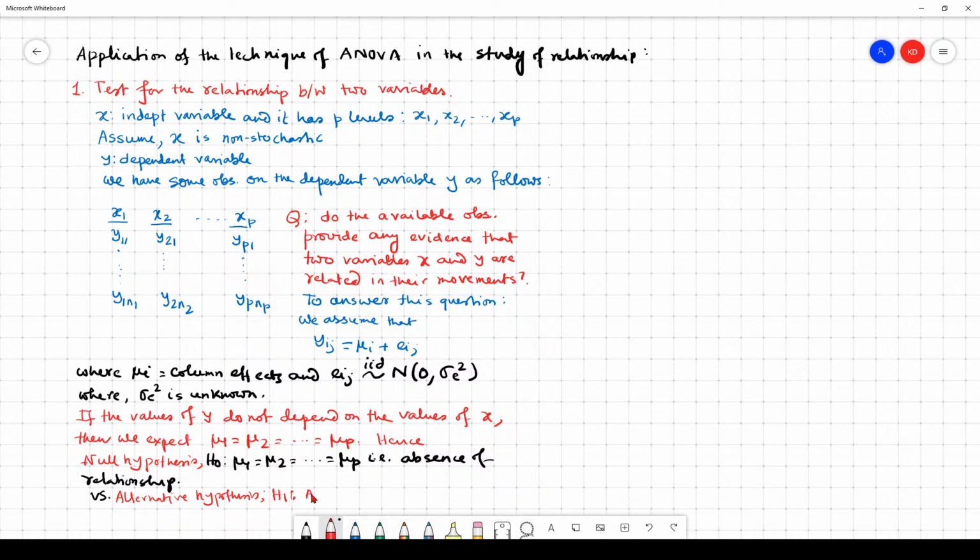That means at least one mu i is different from the others, which means presence of relationship.